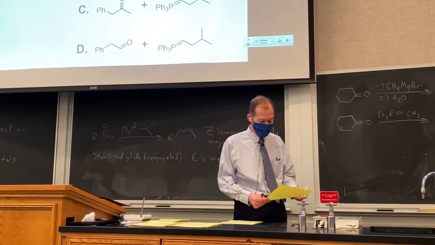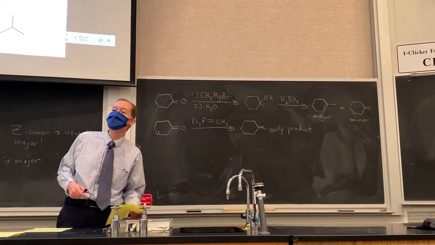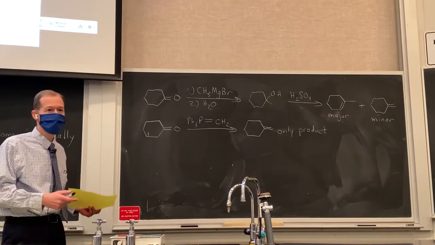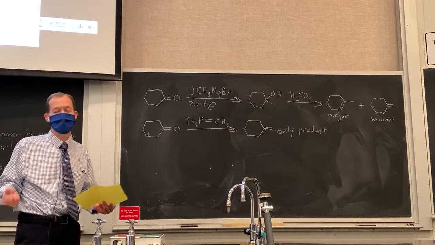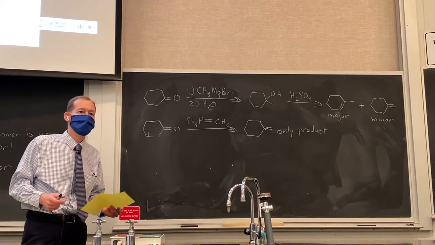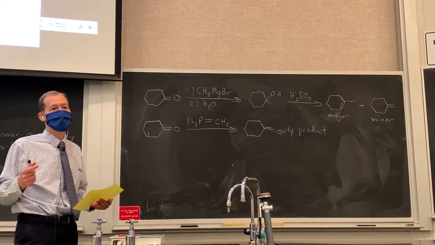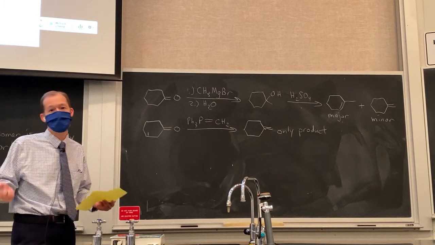Okay, so let's compare the Wittig reaction to other methods of synthesizing alkenes that we've learned previously. We've learned that you can dehydrate alcohols to make alkenes. And in chapter 20, we learned that you can make alcohols by adding Grignard reagents or organolithiums to ketones.